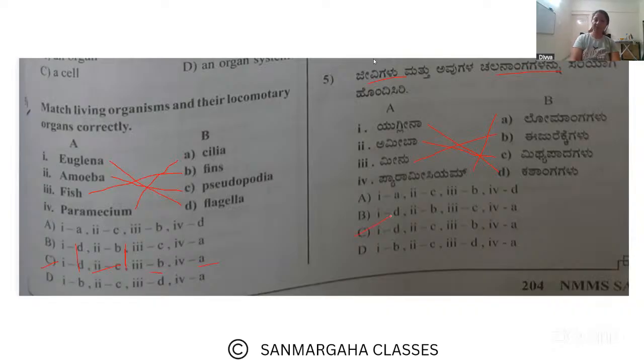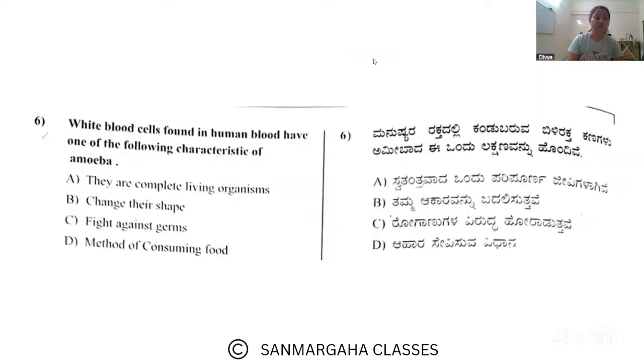Okay, yes. So moving on to the next slide: white blood cells found in human blood. When white blood cells are found in human blood, they have one of the following characters that matches amoeba.